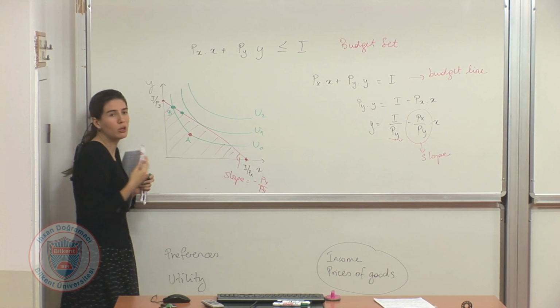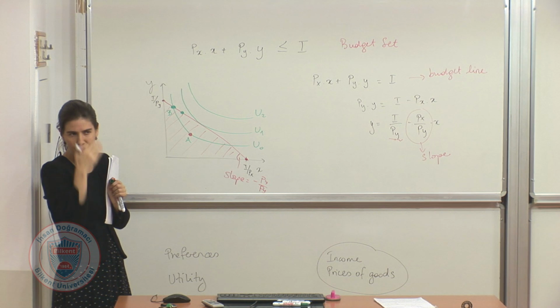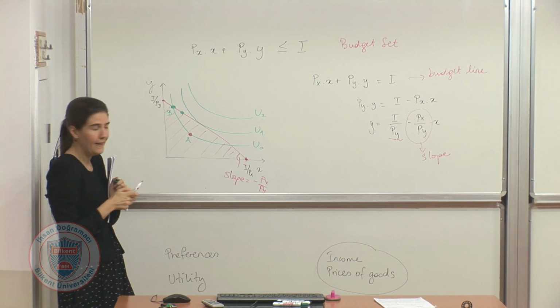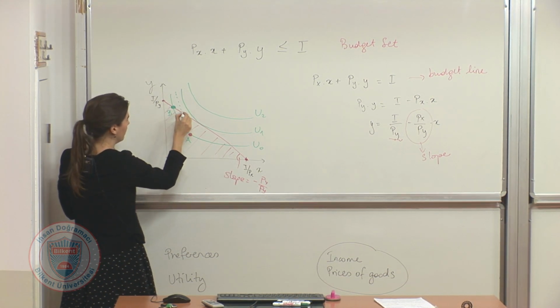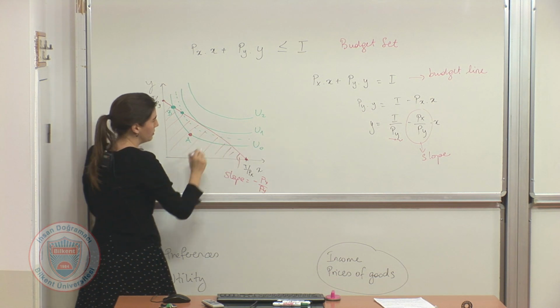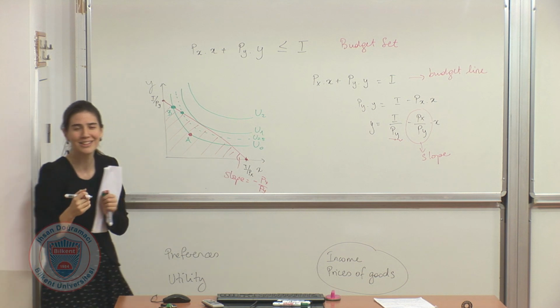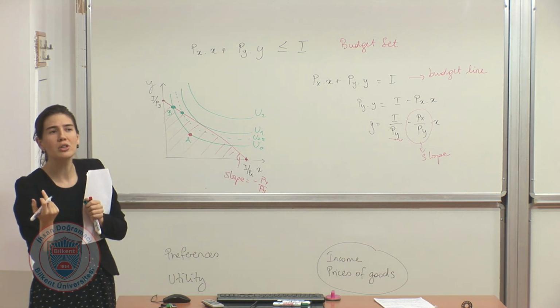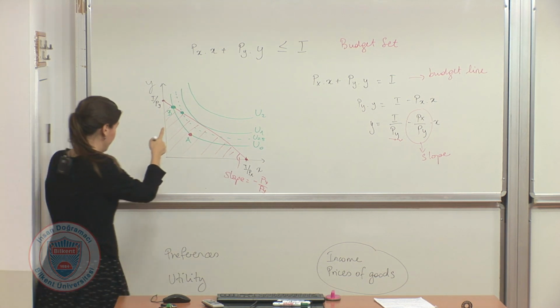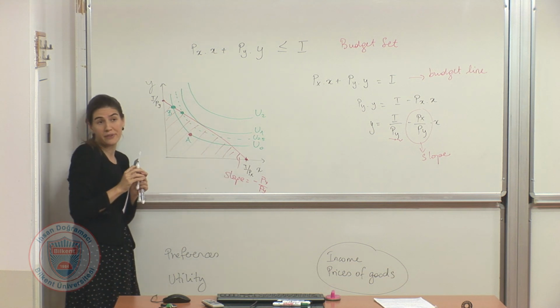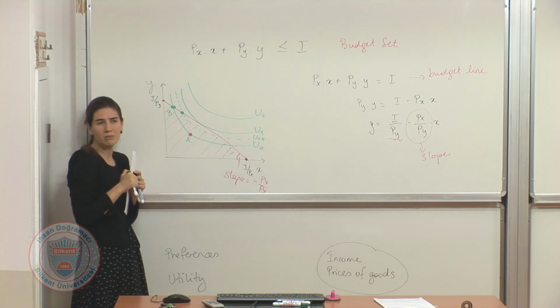You would still be on the budget line, but if more is better, it's going to be on a higher indifference curve, let's call this U0.5. It doesn't matter. So it's going to bring more utility.